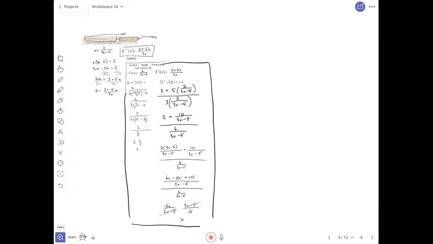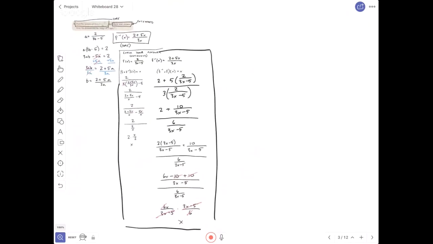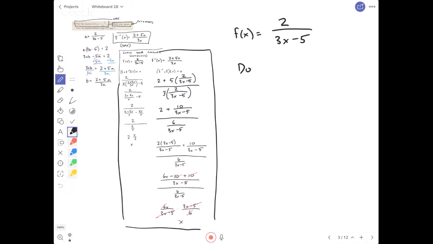State the domain and the range of f inverse. So for f of x equal to 2 over 3x minus 5, the domain is, well, let's see, I can't divide by 0.